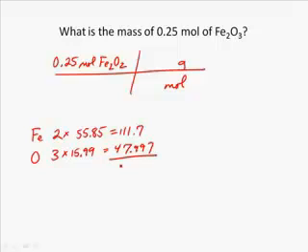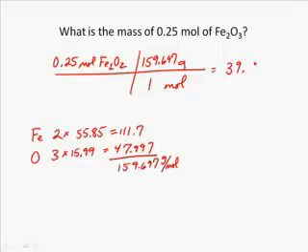That gives me 159.697, and this is the number, in addition to the atomic mass units, if I'm talking about one formula unit of this compound. If I have a mole of formula units, this would be the number of grams per mole. So that gives us 39.9 grams of the iron(III) oxide.